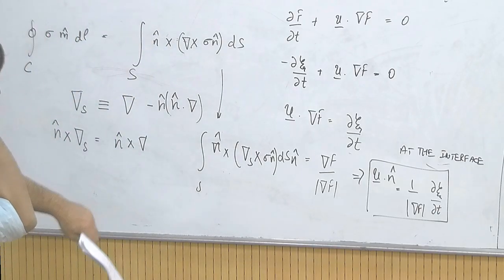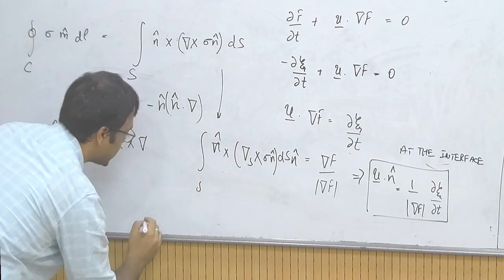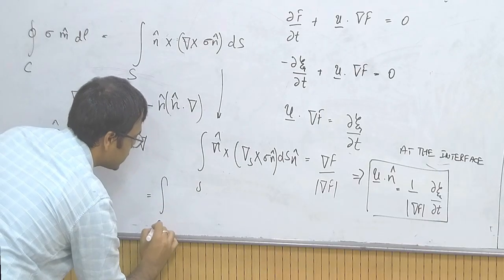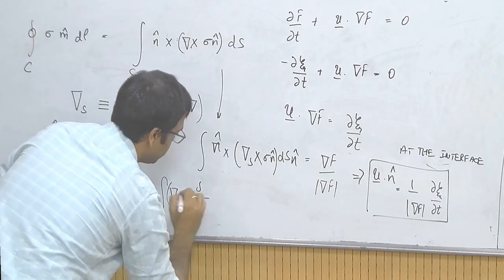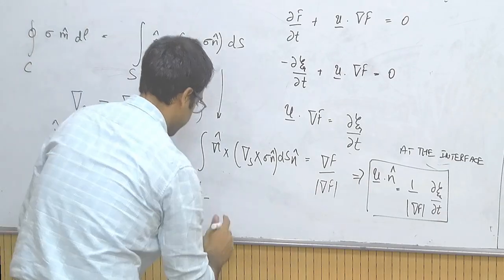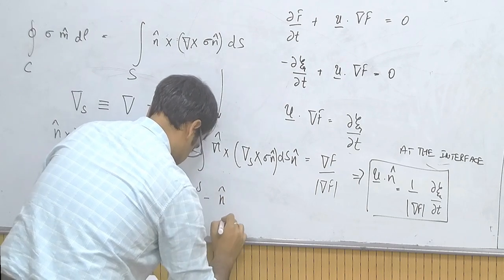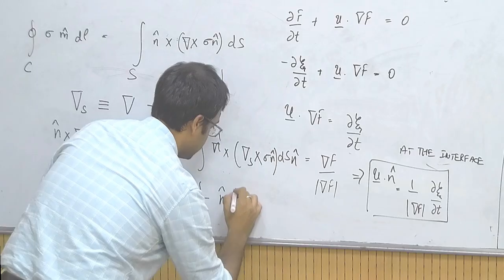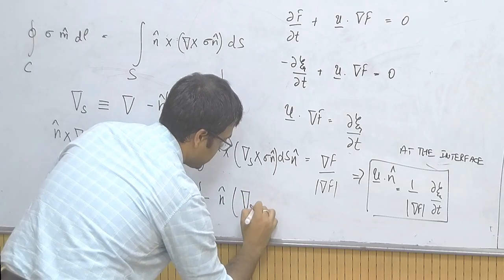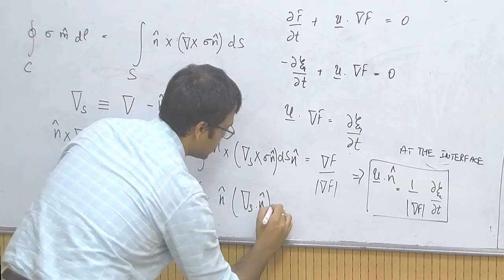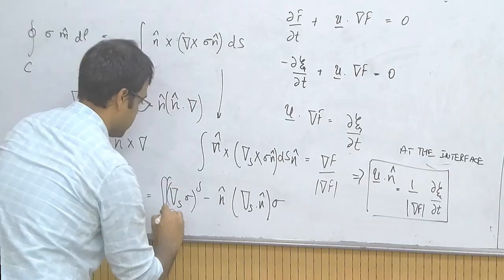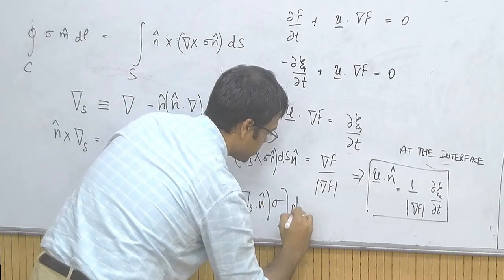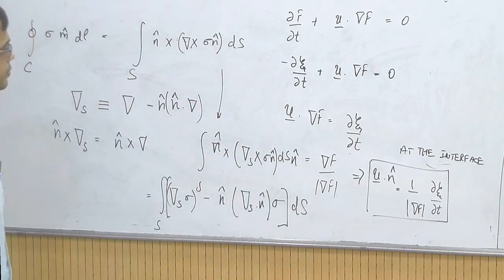And now when you open this up using the epsilon delta identity, you will find that this is grad s of sigma minus n hat times the surface divergence of n hat, times ds.